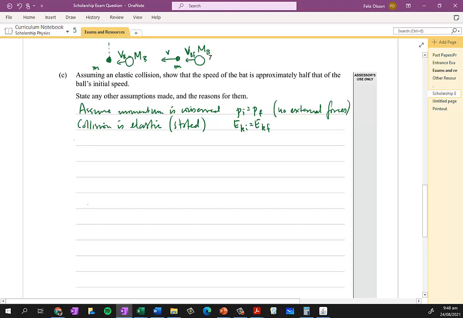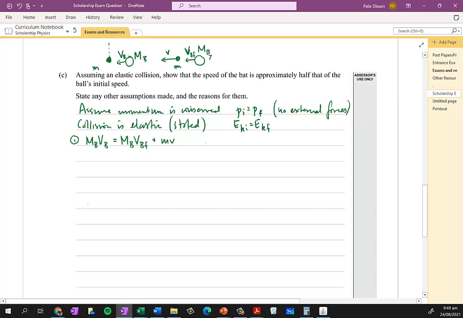So we have those two conditions. Let's use the first condition: Pi equals Pf. In other words, M bat V bat, the initial, is equal to M bat V bat final plus m v. Because we want to compare the ball's speed with the bat's speed, let's rearrange this for the ball's speed.